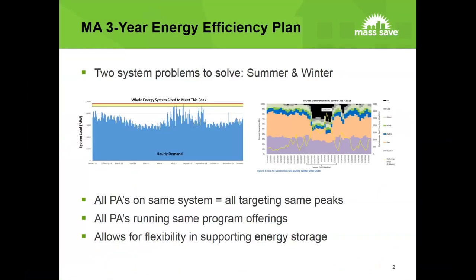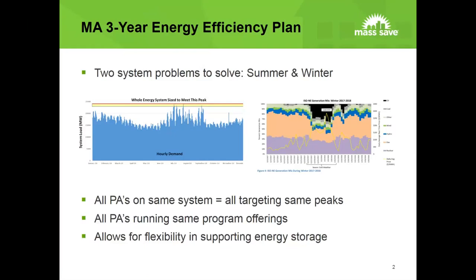We also have this issue in the winter, and I tried to illustrate that with the graph on the right-hand side. The different colors represent different types of electricity generation in the wintertime. During real cold snaps, we need to divert a lot of the natural gas for heating purposes and bring on oil and other types of fuels to generate electricity.